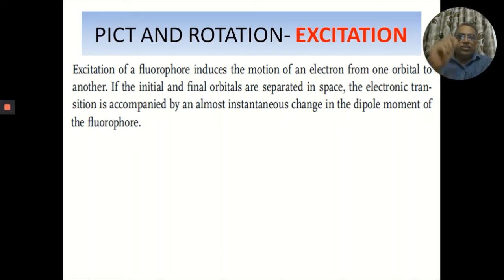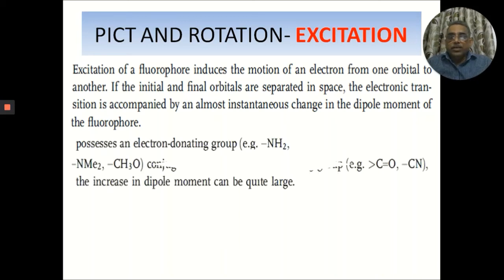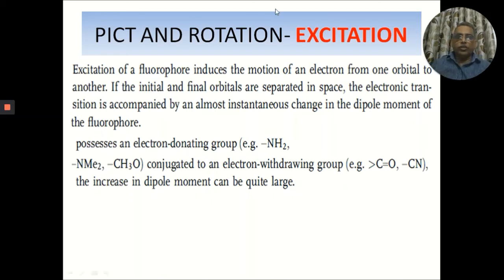When you have donor acceptor behavior in the molecule, the dipole moment of the excited state is also larger, and it takes place very fast. This happens when you have electron donating groups like NH2, N-dimethyl, or OMe groups, which are conjugated. This is very important: donor and acceptor should be in conjugation. The acceptor groups can be a carbonyl or a nitrile, otherwise a CN group.